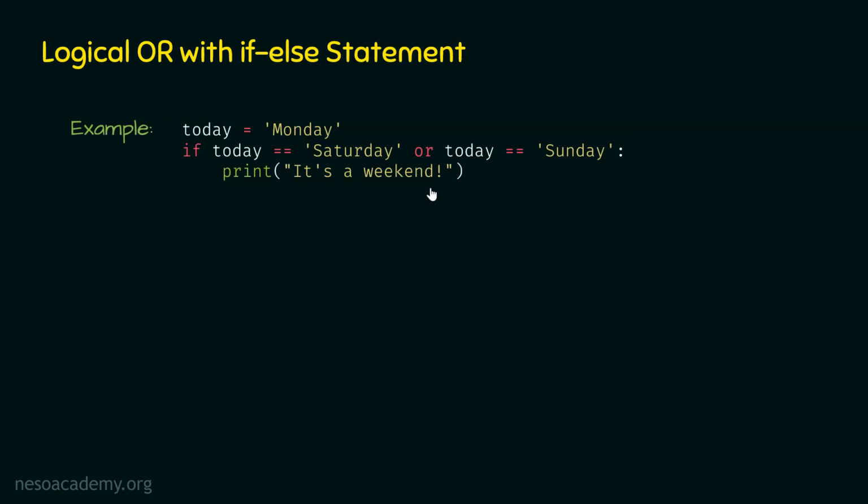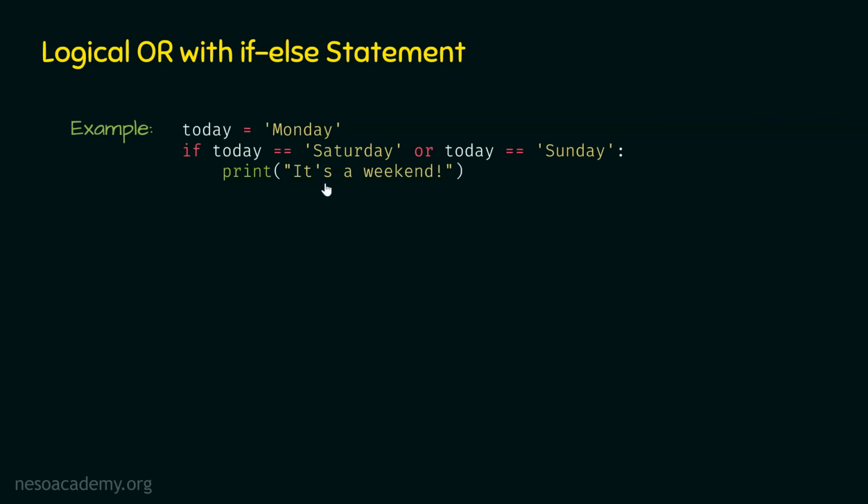But let's say that we want to print it's a weekday when none of these conditions are satisfied. If today is neither Saturday nor Sunday, then we know that it's a weekday. Either it will be Monday, Tuesday, Wednesday, Thursday or Friday. So one thing is clear, that it is a weekday.